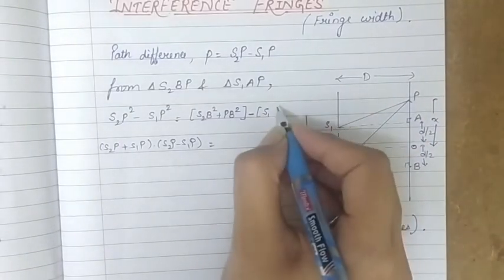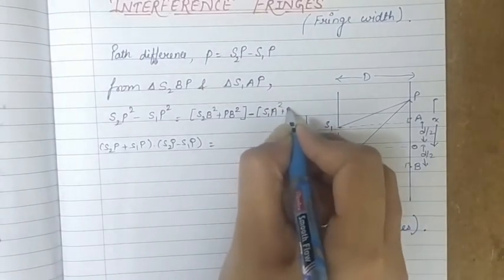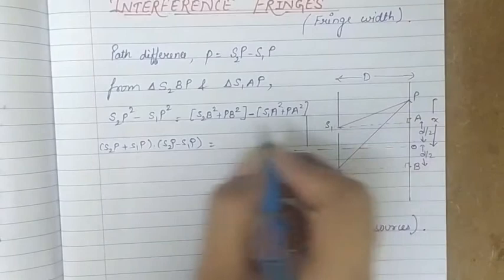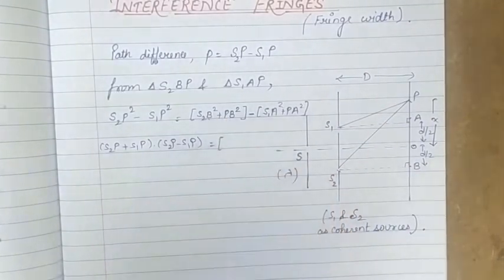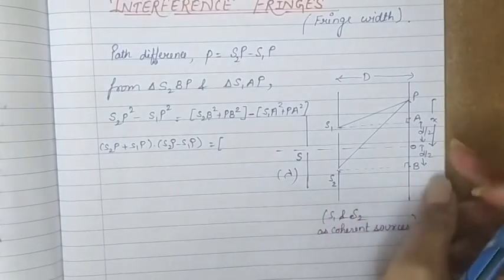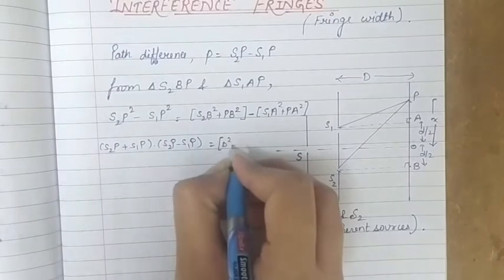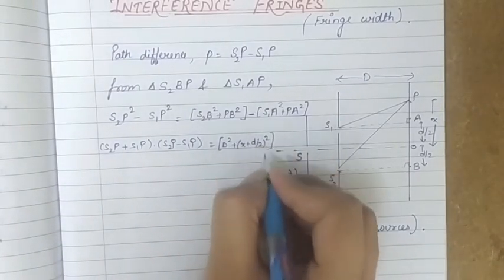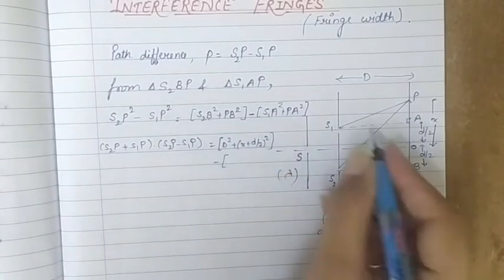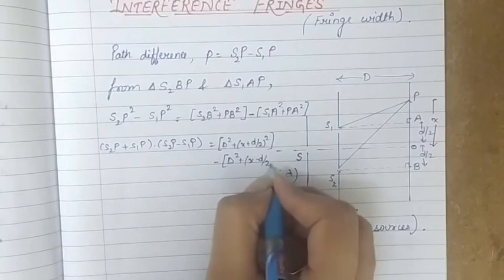So here we have used the Pythagoras theorem, S1A square plus PA square. Now substituting these values, S2B is D and PB is x plus d by 2. So this is D square plus x plus d by 2 whole square, the first bracket, minus the second bracket, where S1A is again D. So this is D square plus x minus d by 2 whole square.